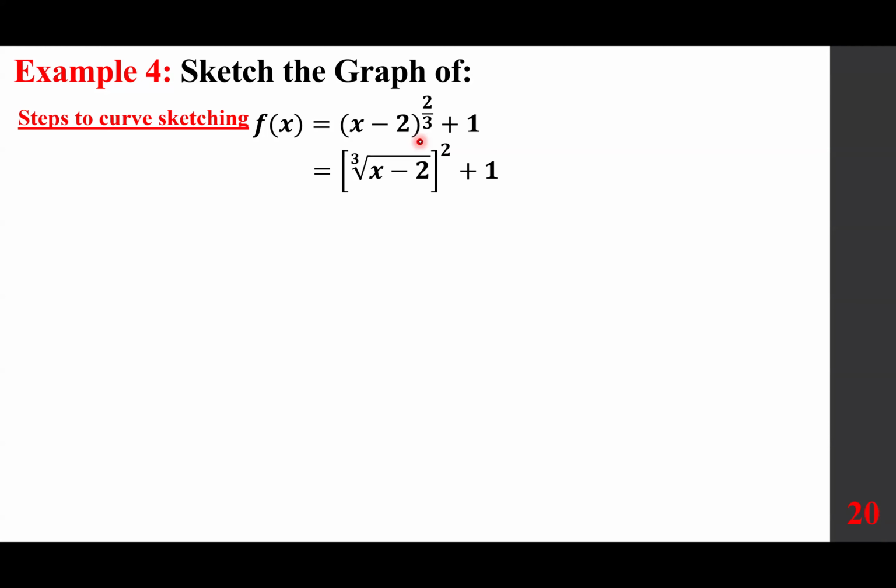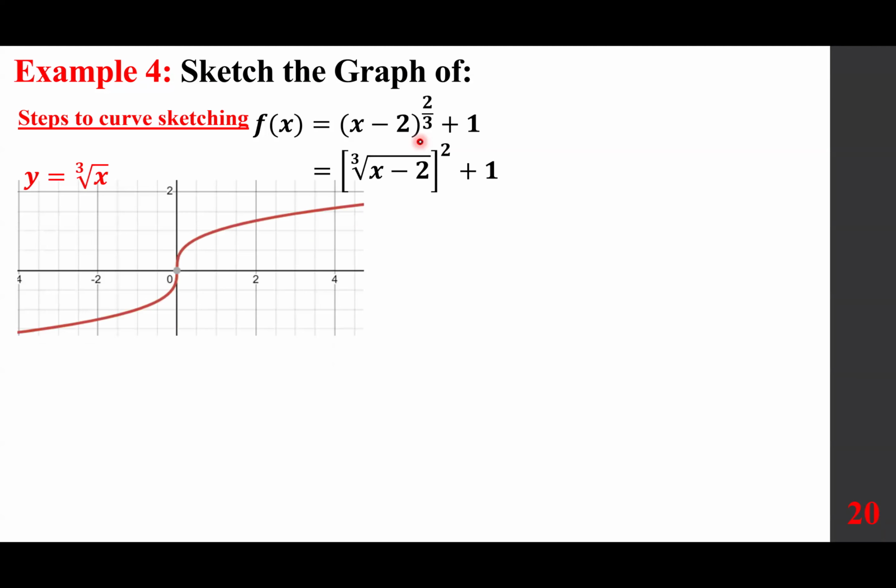So we notice that the basic function to be used is the cube root of x. We all should know what the cube root of x looks like. It has a domain and range of all real numbers. The intercept is at (0, 0).